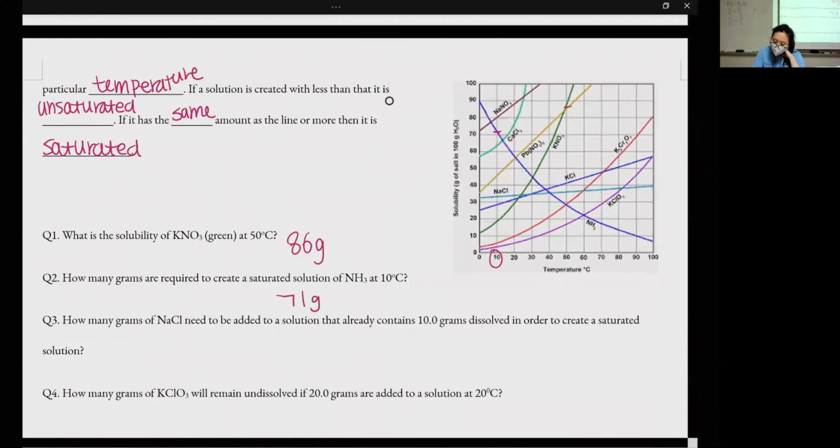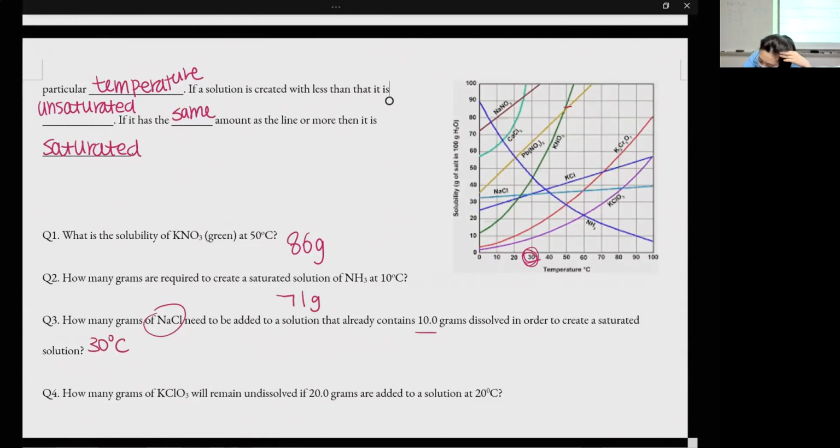Question three says, how many grams of NaCl need to be added to a solution that already contains 10 grams dissolved in order to create a saturated solution? Where is the temperature? Oh, okay. Well, let's assume the temperature is going to be 30.